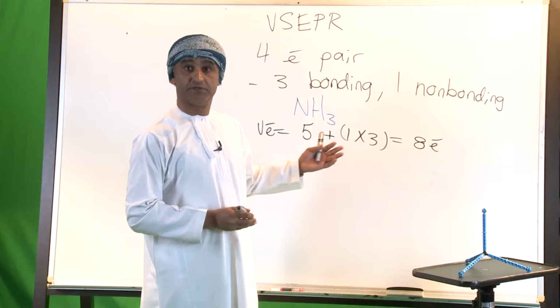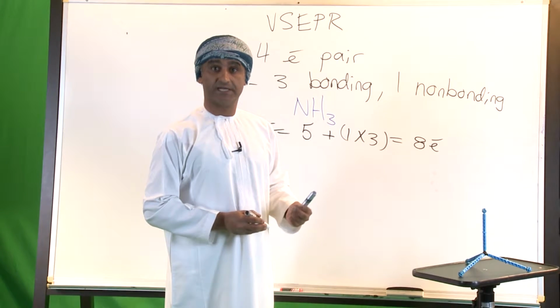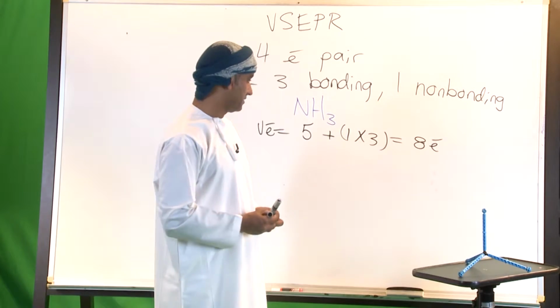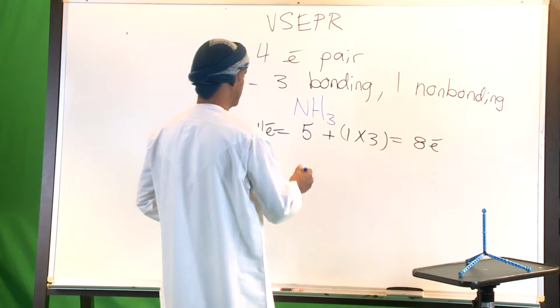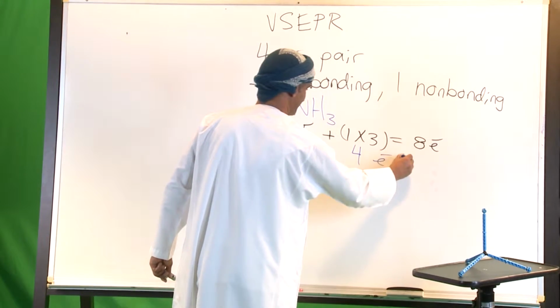If you divide that 8 number by 2, you get the number of electron pairs that should be present in a possible Lewis structure of ammonia. So if we divide 8 by 2, we get 4 electron pairs.